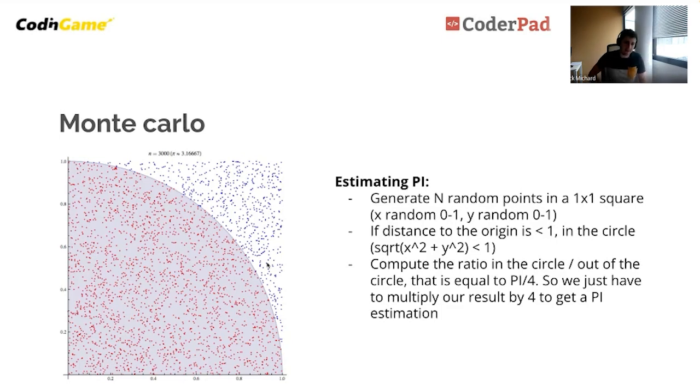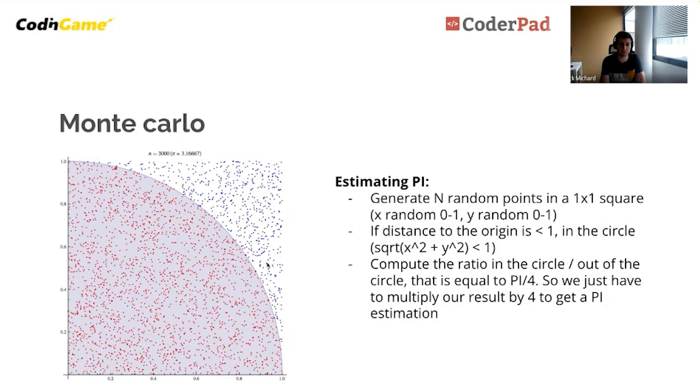So to emulate this, we will use a method called Monte Carlo that is used in a lot of different topics. It uses basically the power of randomness to average a result. This is an example of Monte Carlo to approximate the number pi.